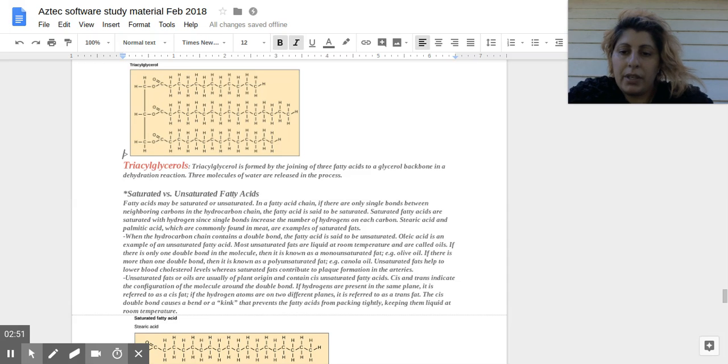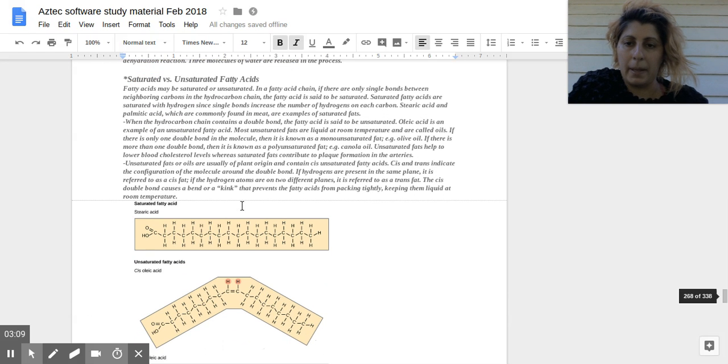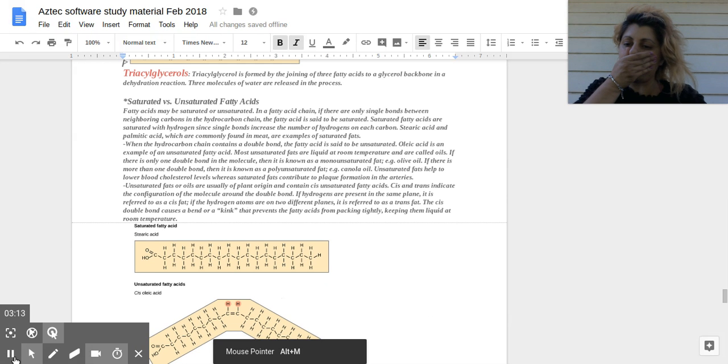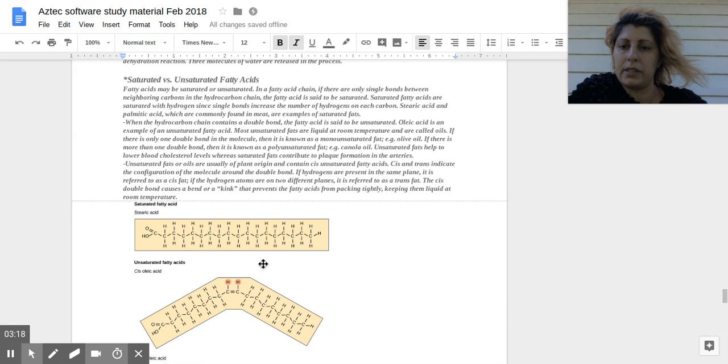So, unsaturated fats or oils are usually of plant origin and contain cis unsaturated fatty acids. So, with hydrogens on the same side, cis and trans indicate the configuration of the molecule around the double bond. If hydrogens are present in the same plane, it is referred to as a cis fat.